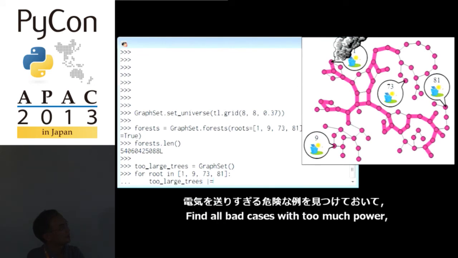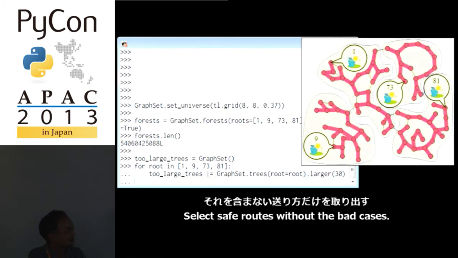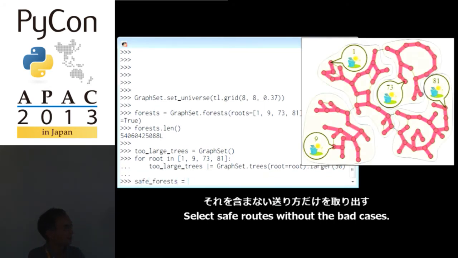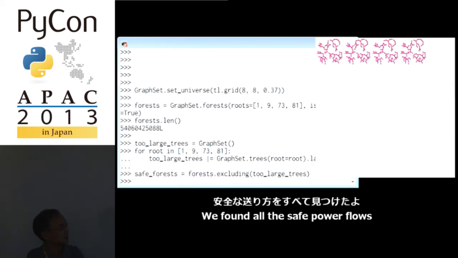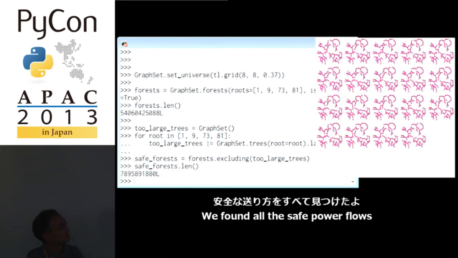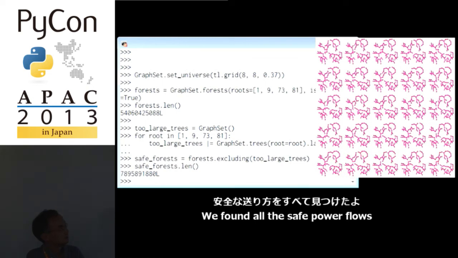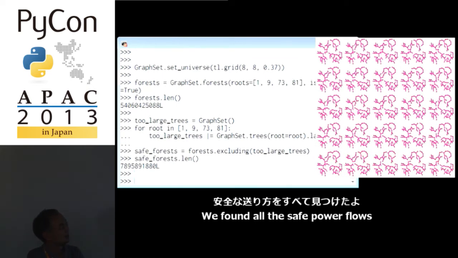We find all the unsecure cases with too much power by using the algebra, and select secure routes without the unsecure cases. We finally found all the secure power flows like these. This is an example of the power of the graph set algebra.